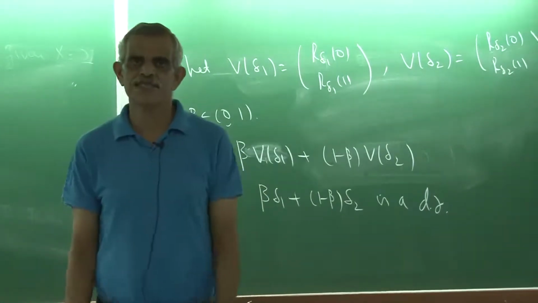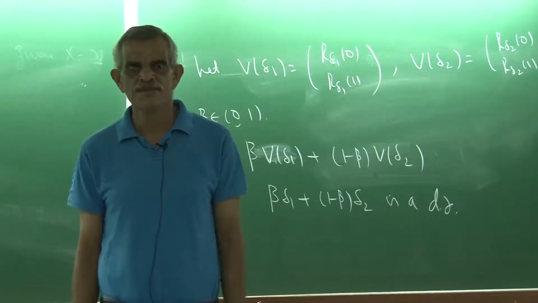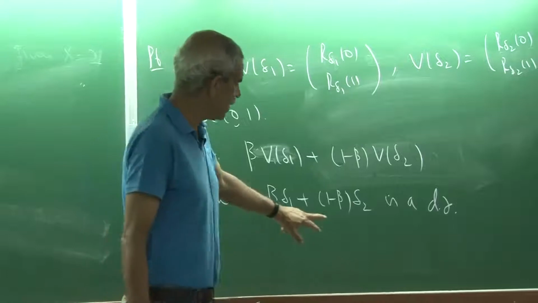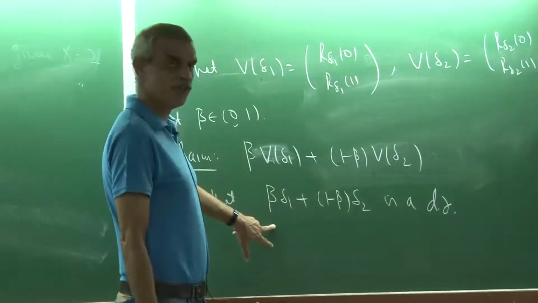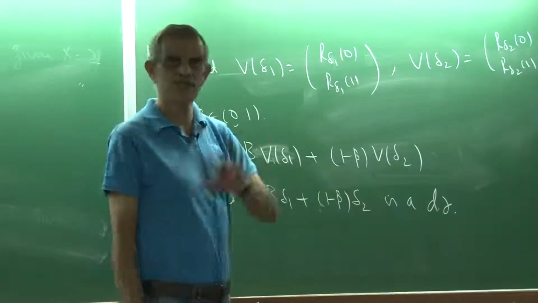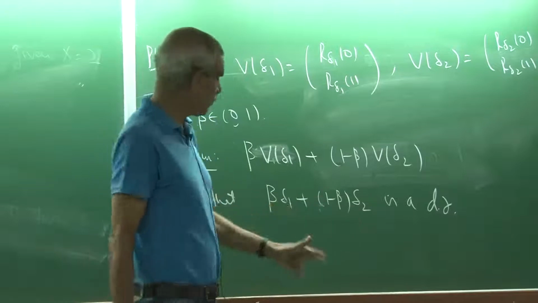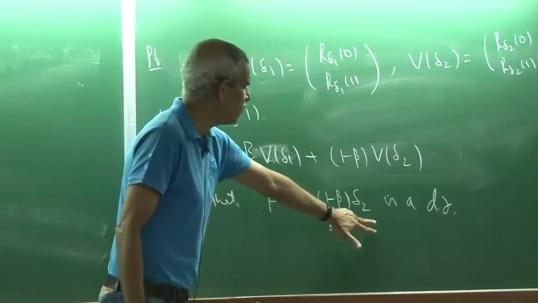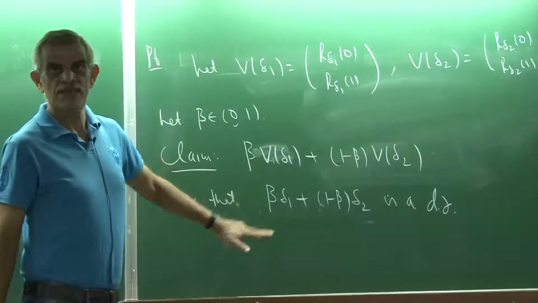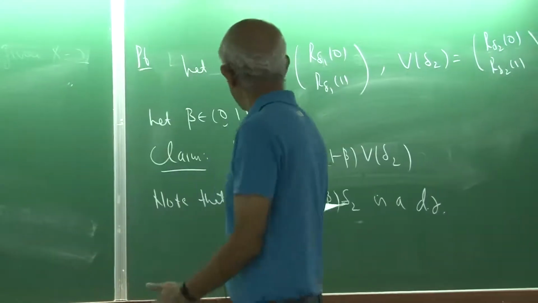So beta times delta 1 plus 1 minus beta delta 2 would also be between 0 and 1. And what is the decision rule? It says you take action a1 with probability beta delta 1x plus 1 minus beta delta 2x and take action a0 with probability 1 minus of beta delta 1x plus 1 minus beta delta 2x. So this is certainly a decision rule.